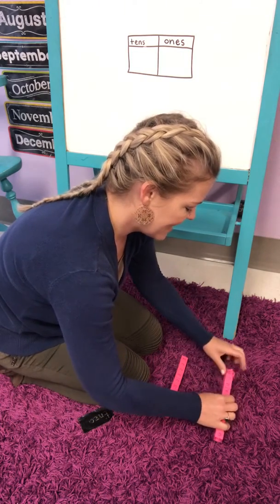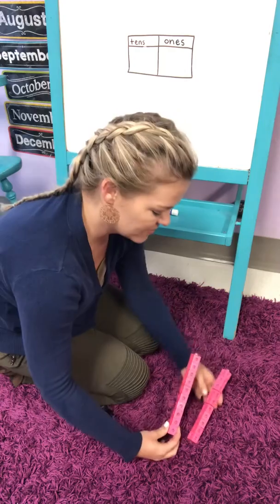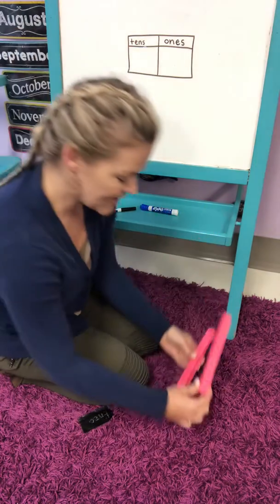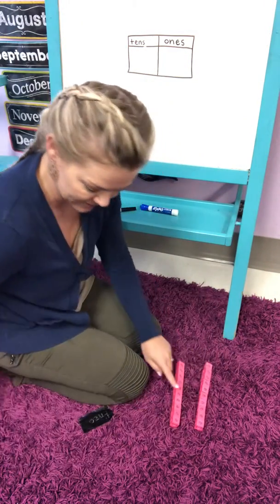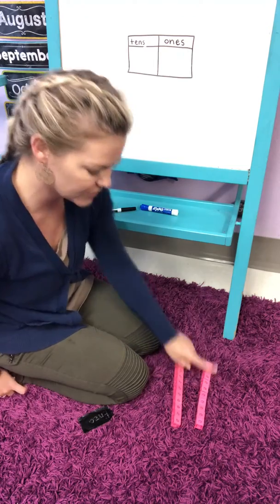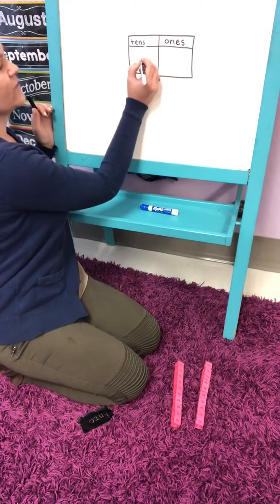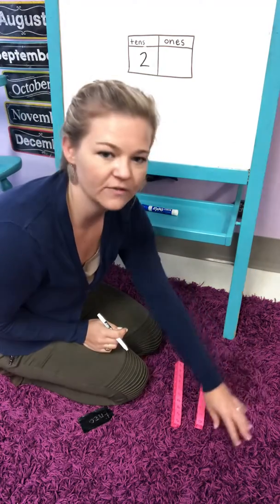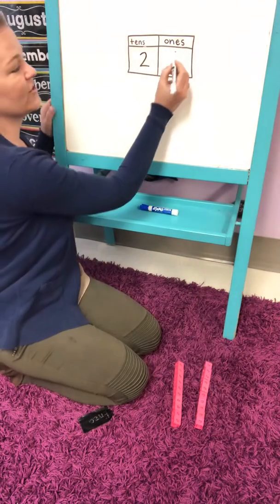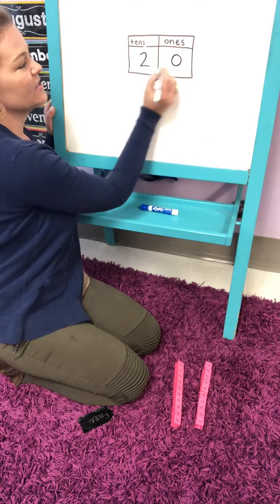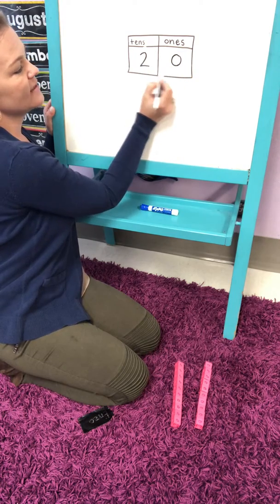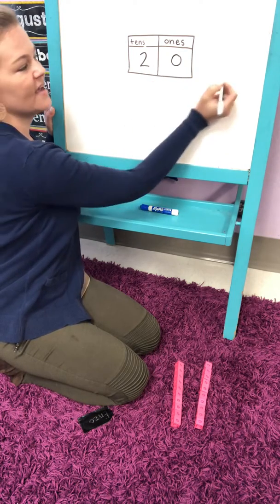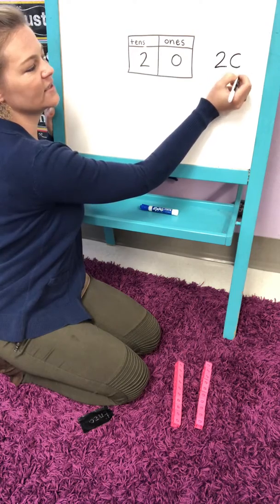Now, how many groups of 10 do I have? One group, 2 groups. So now I have 2 groups of 10. Do I have any leftover ones over here? I don't have any leftover ones. So a 2 in the tens place, a 0 in the ones place. So that would be 20 altogether.